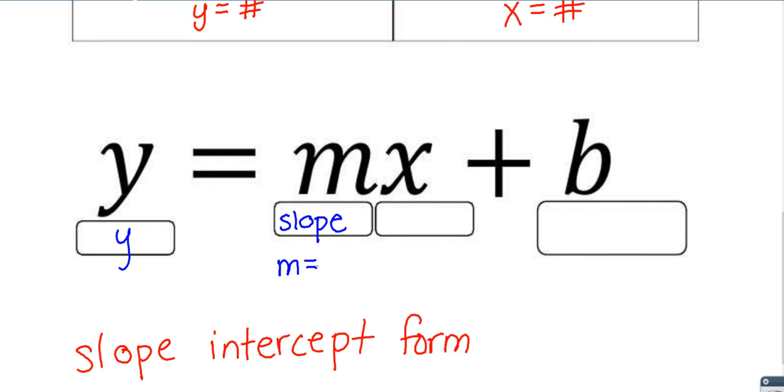But that's how we'll always represent our slope, is with that letter m. This variable x, that's just x, like the x coordinate from your ordered pair. And this last one is your y-intercept. We are going to be learning about that later in another video as well. So please make sure you write those down.